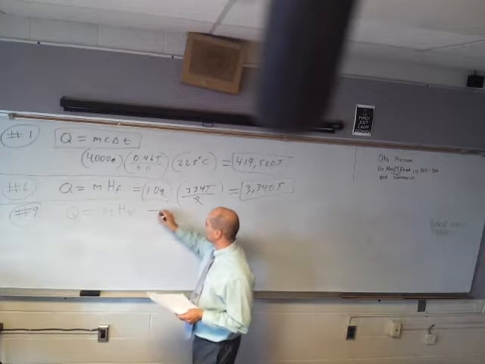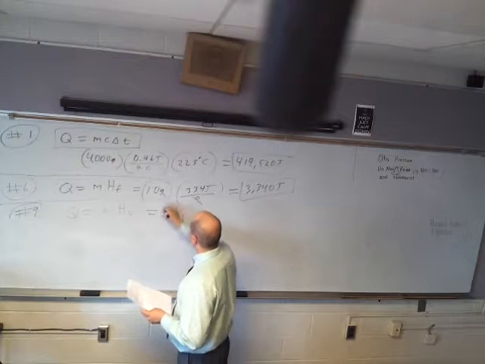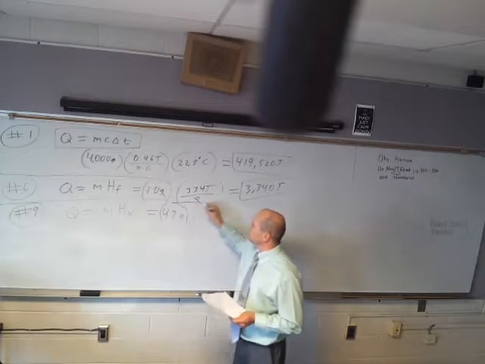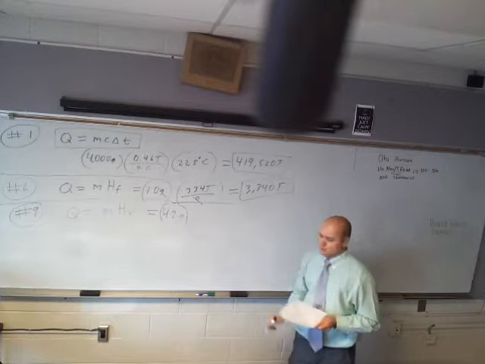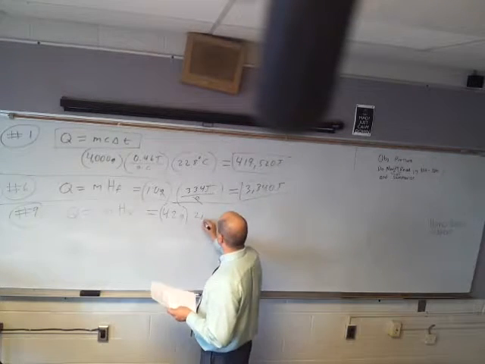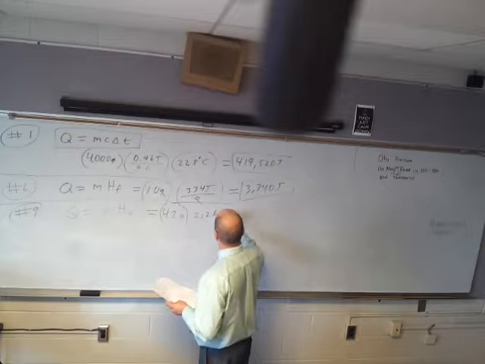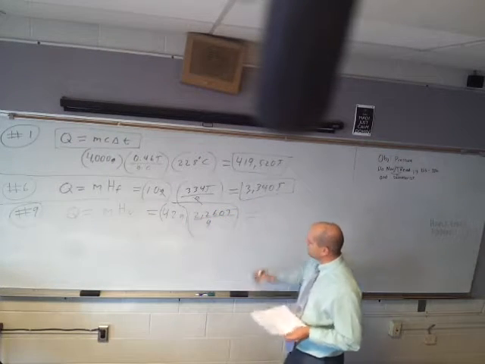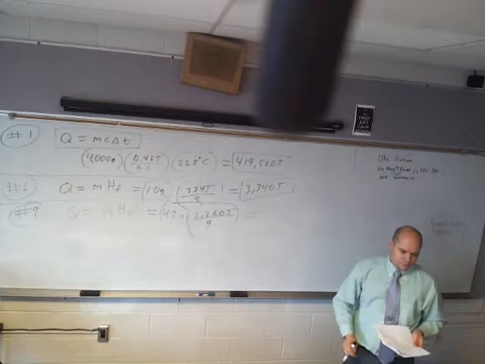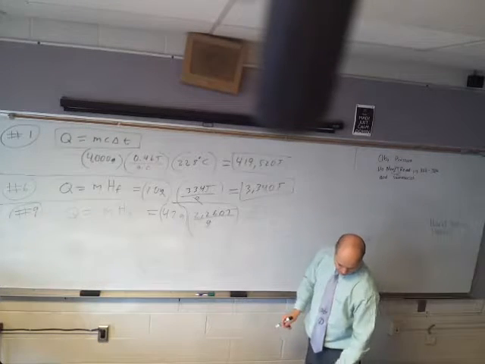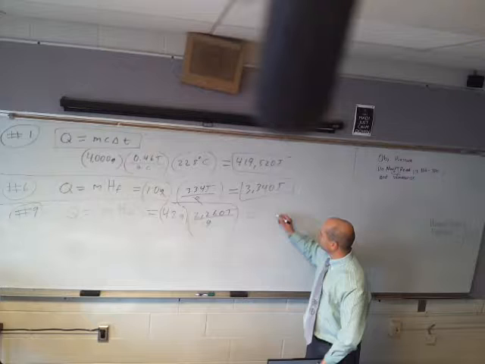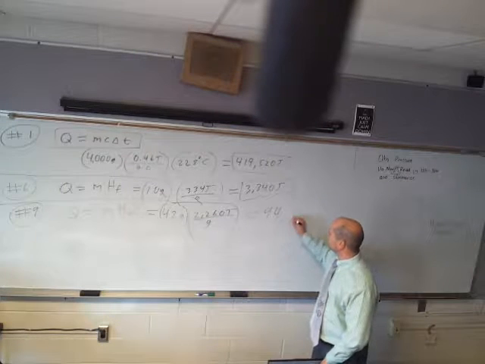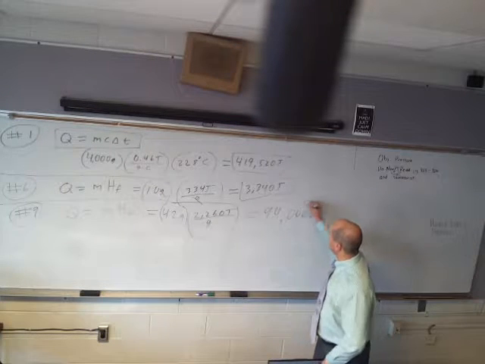So it's just going to be 42 grams times, what is the heat of vaporization of water? 2,260 joules for every gram. So multiply those two, what's that come out to? 94,000, okay, right there.